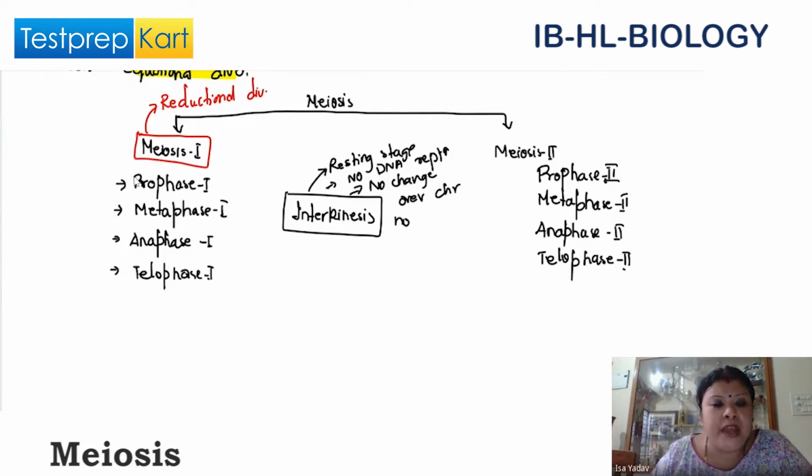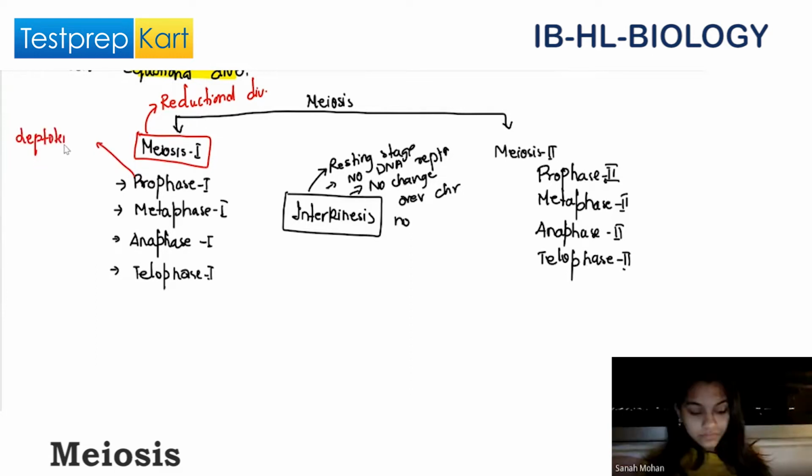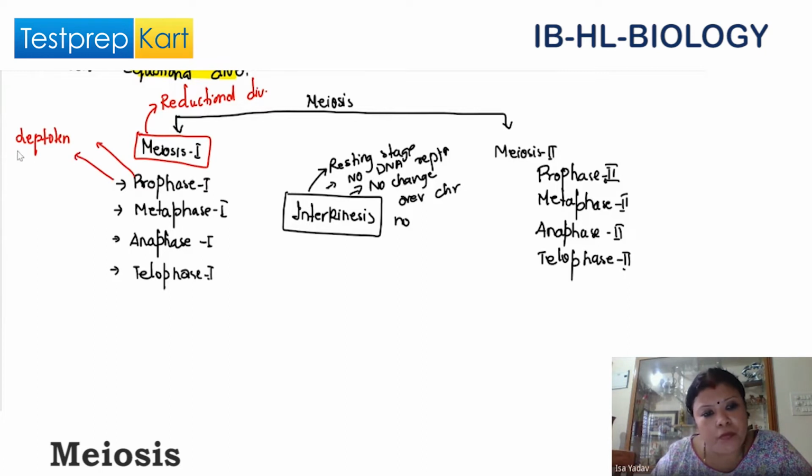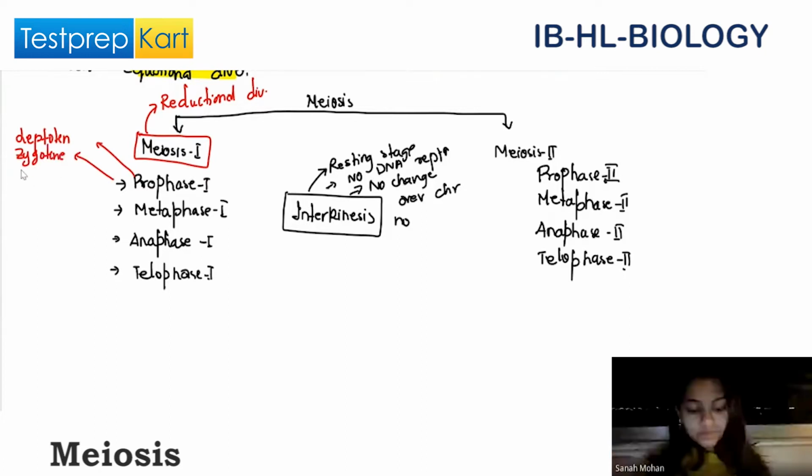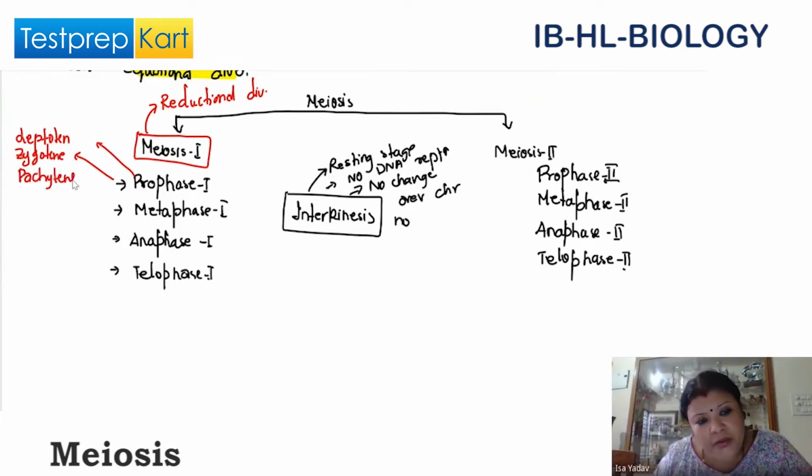Prophase 1 is divided into 5 stages: leptotene, zygotene, pachytene, diplotene, and diakinesis.